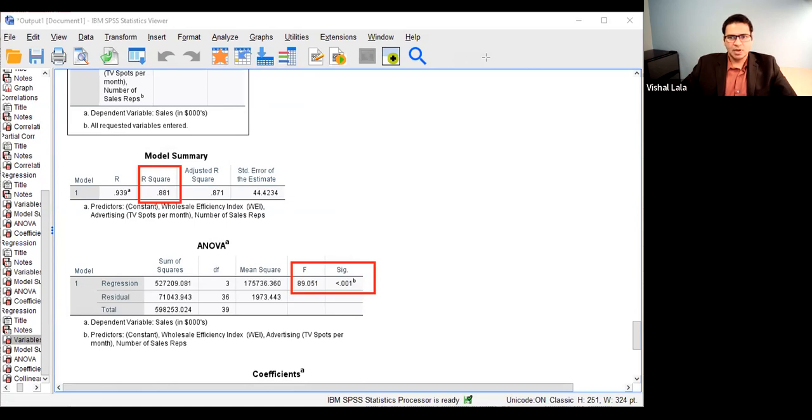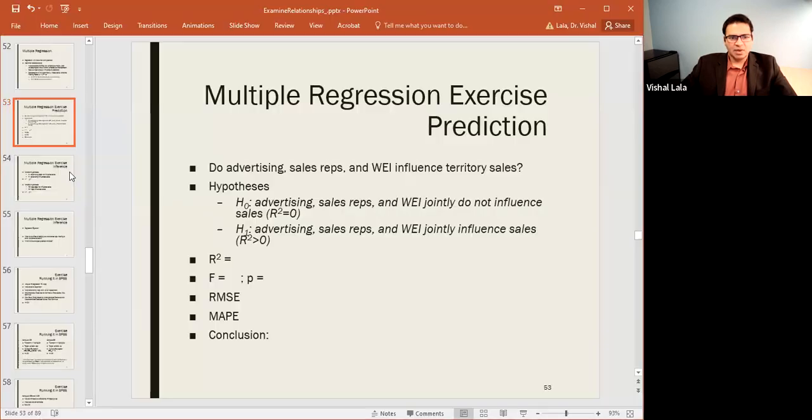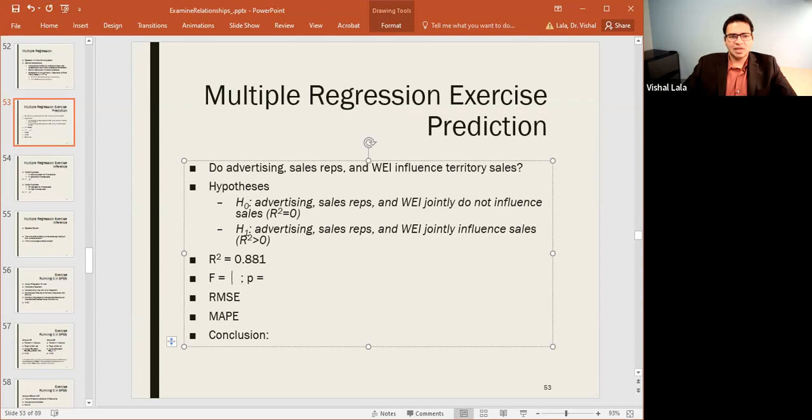Let's head back over to our slide. We have found that our R-squared here is 0.881, F statistic is 89.051, and our p-value is less than 0.05. So what this tells us at this stage is that we can reject the null hypothesis.